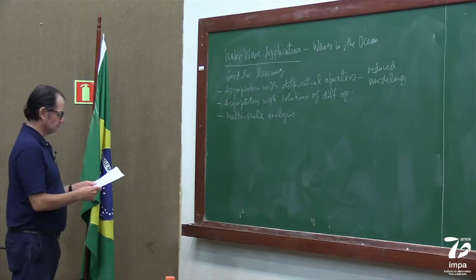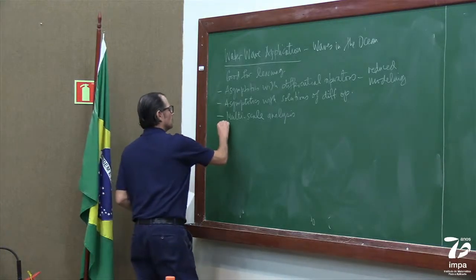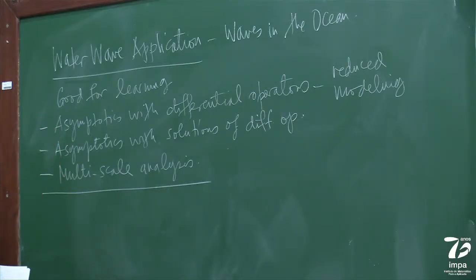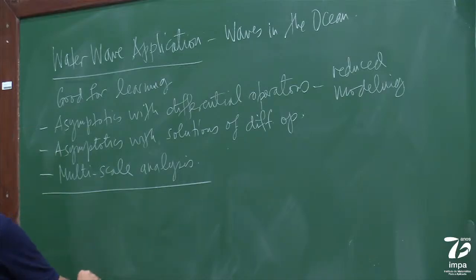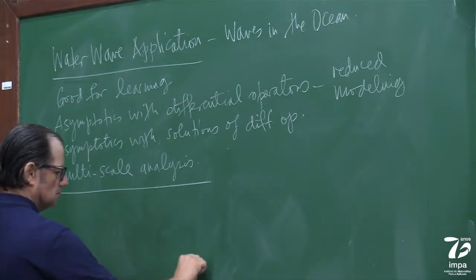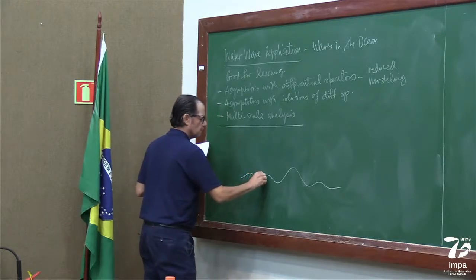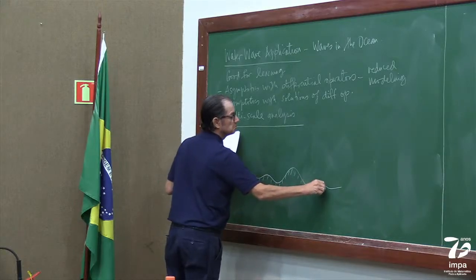Okay, so let me recall the problem with the equations. So let me do a picture with the equation. Let's see if I do the right spacing. So I have here the bottom. At first, I'm drawing a bottom topography of like the ocean, which is smooth.